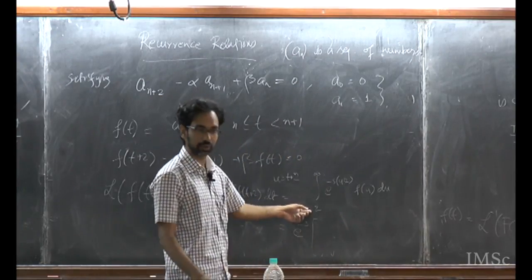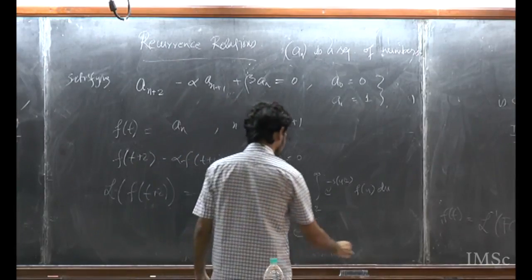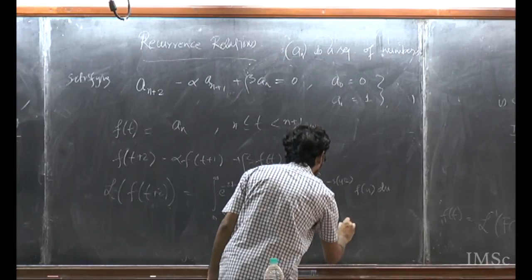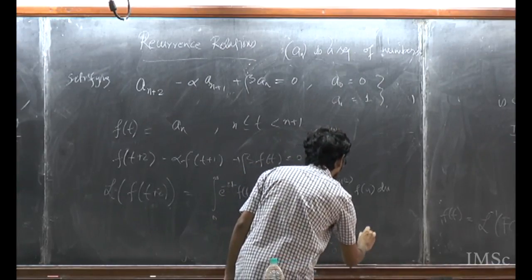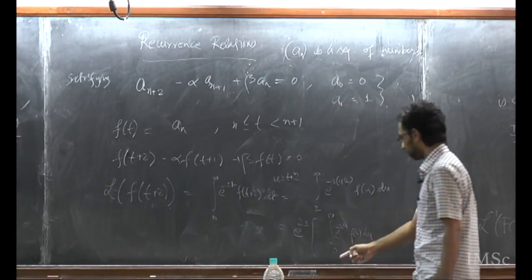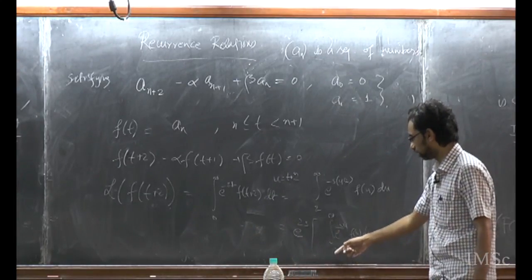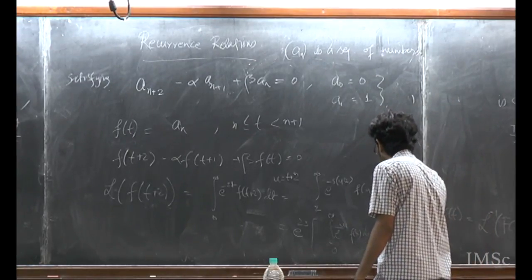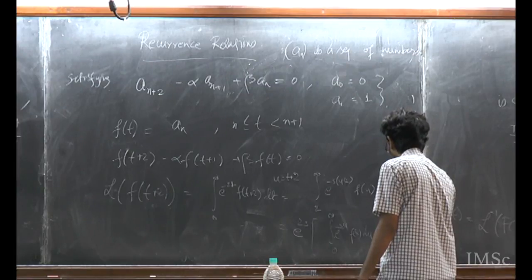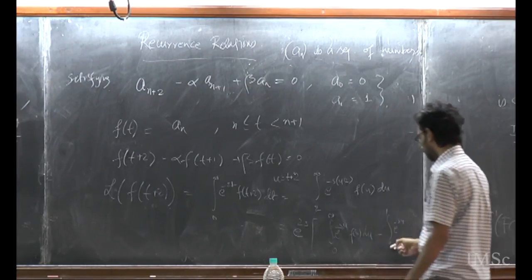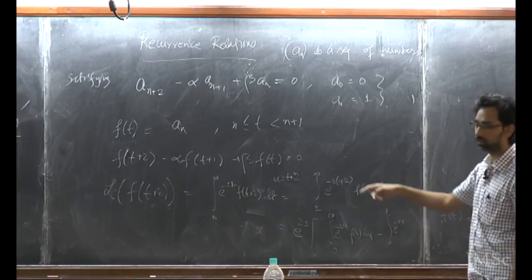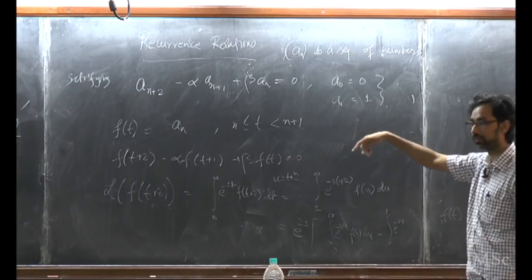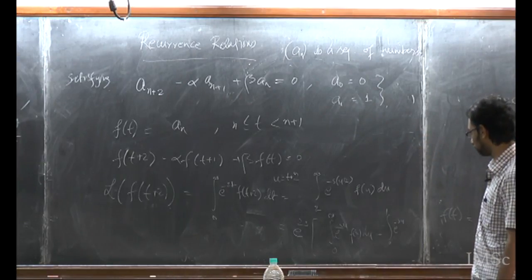The range of integration has changed, so you have to compensate. So you have to write 0 to infinity e to the minus su f(u) du. You have to compensate for the part from 0 to 2. So from 0 to 1, f(t) e to the minus su, in this interval f(t) is a0.